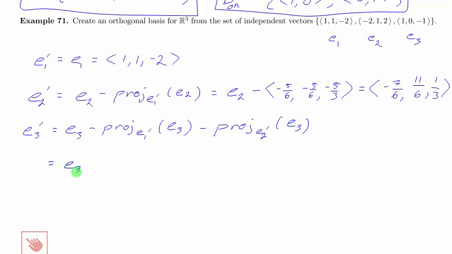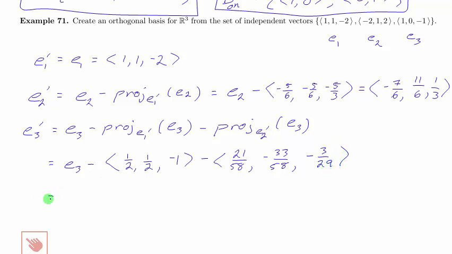We'll have E3 minus, and these projections get a little bit messier. We're going to have, it's not too bad here, 1/2, 1/2, -1, minus 21/58, -33/58, and -3/29.